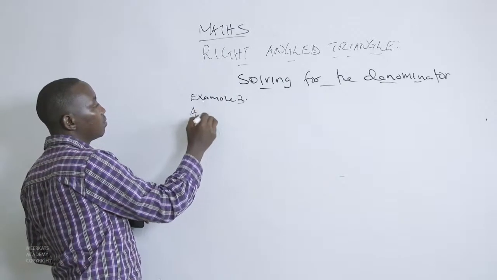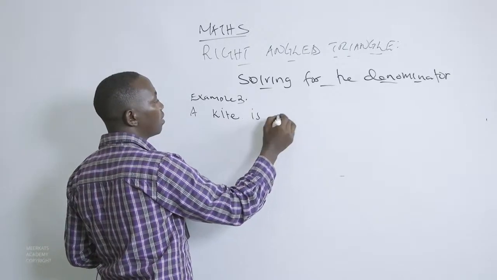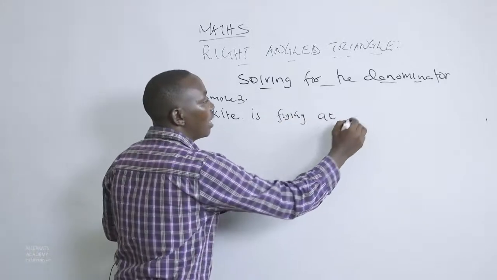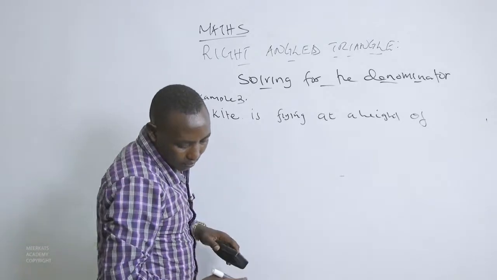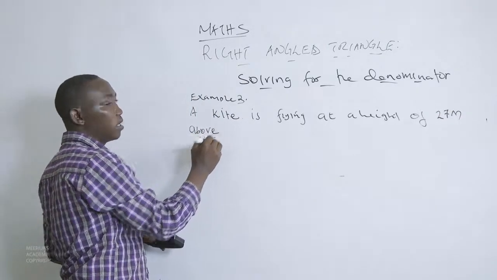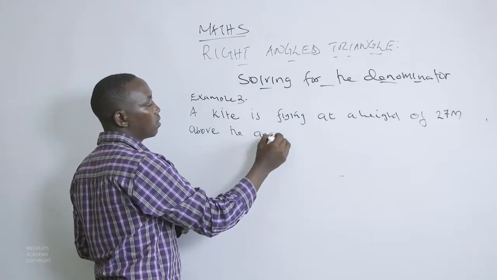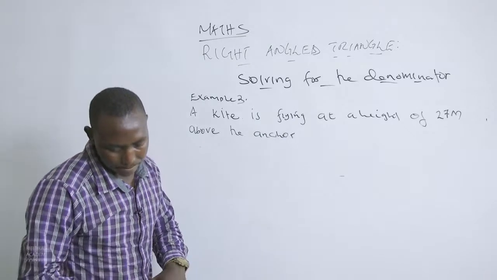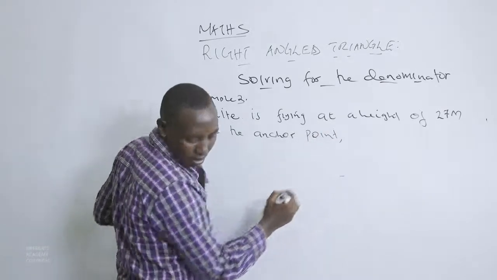A kite is flying at a height of 27 meters above the anchor point.